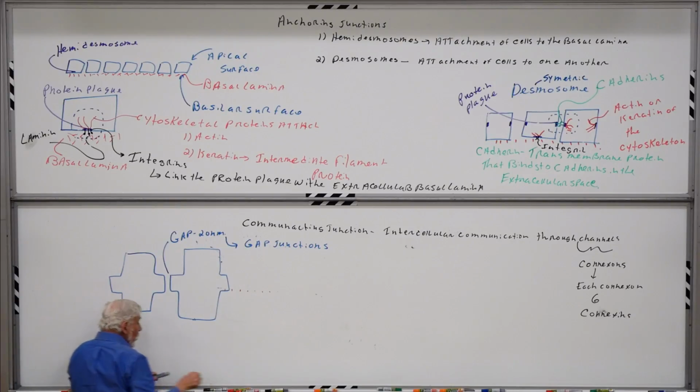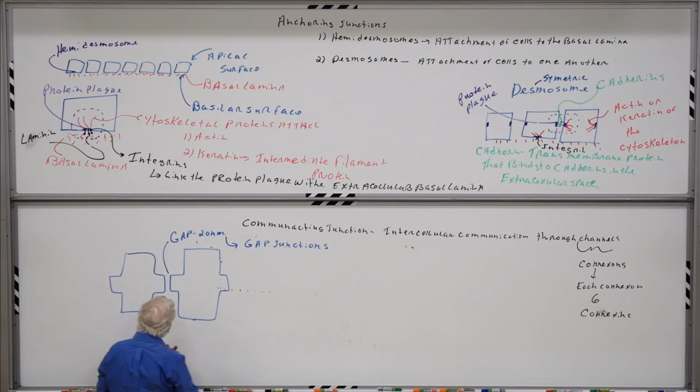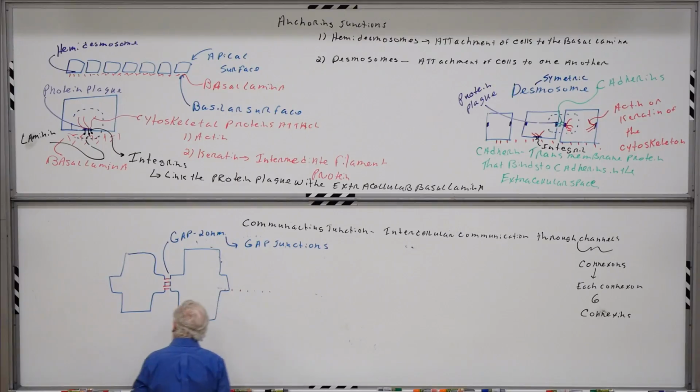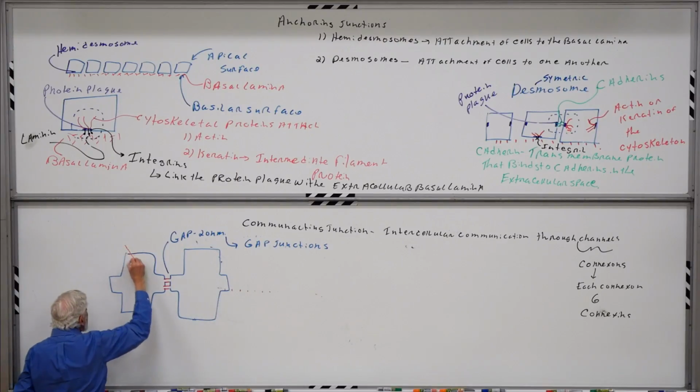But then they began to do additional experiments, and they found that there were protein bridges between the cells. And then they started to do some experiments where they would inject molecules into this cell.